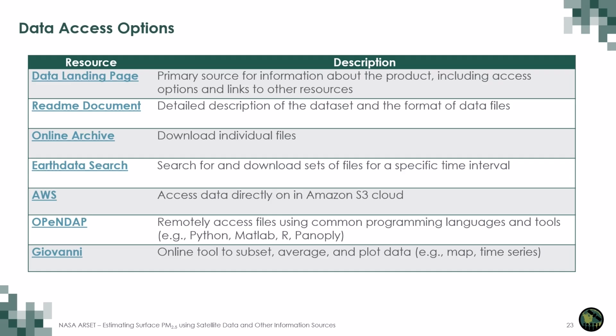Users who prefer direct download can use the online archive or Earthdata Search to retrieve files for their specific time period. For cloud-based workflows, the dataset is also available on AWS. OPeNDAP is another option which enables remote access through tools like Python, MATLAB, or R. And Giovanni offers an easy browser-based interface for subsetting, averaging, and visualizing the datasets.